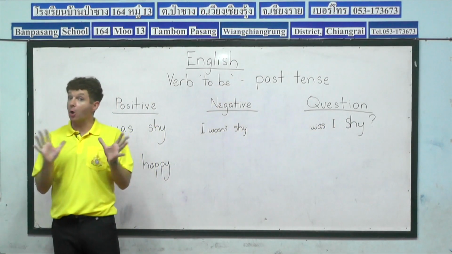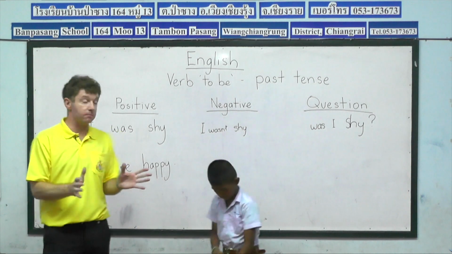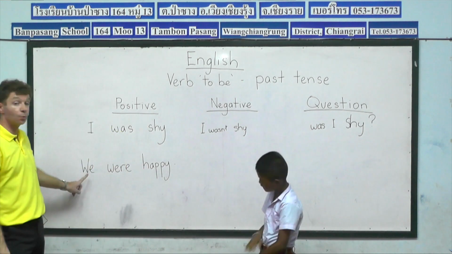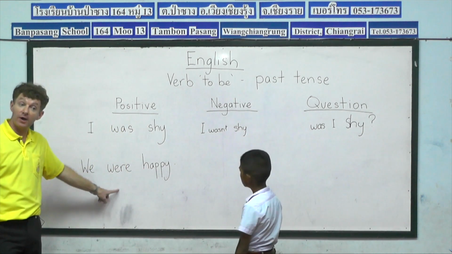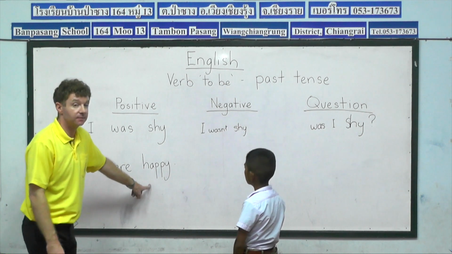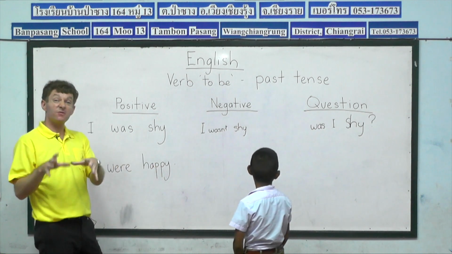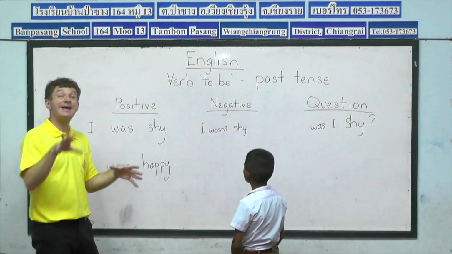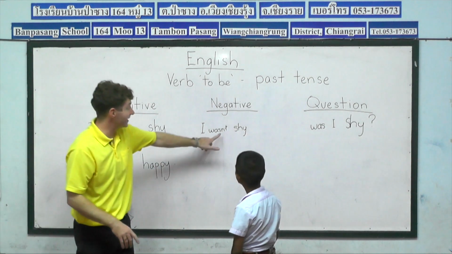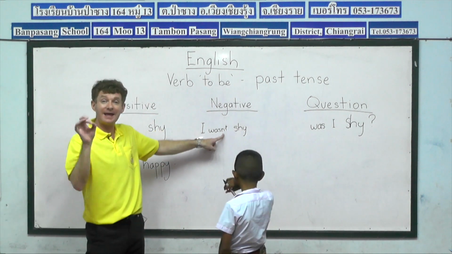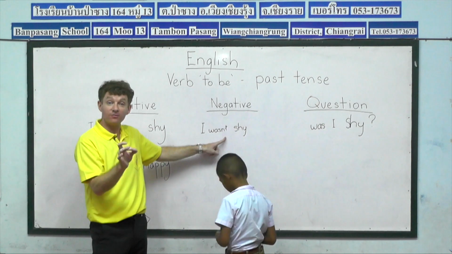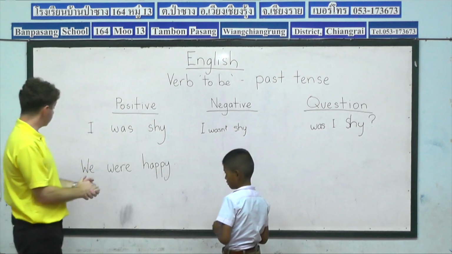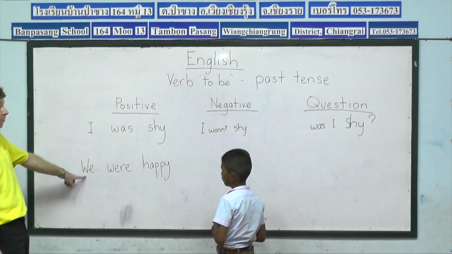So now we already have our positive statements. One more time, guys. We were happy. And Pat will now turn our positive statement into a negative using exactly the same rule. Letters N apostrophe T. So first of all, Pat, we need our subject pronoun.